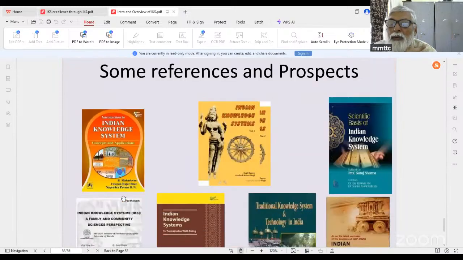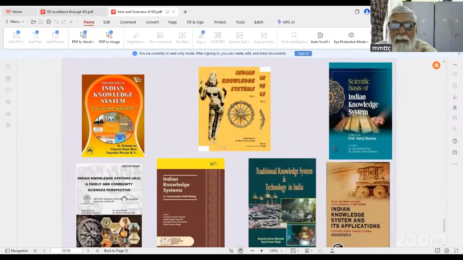There are some references. A lot of books have come on what is called IKS, such as Indian Knowledge System for Sustainable Well-being, all on traditional knowledge.